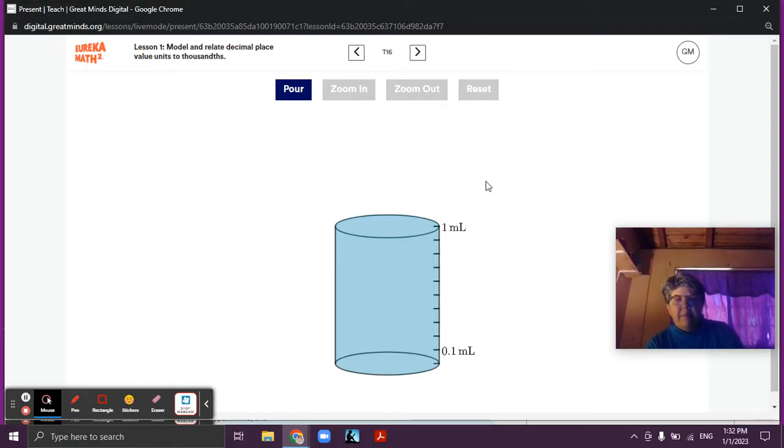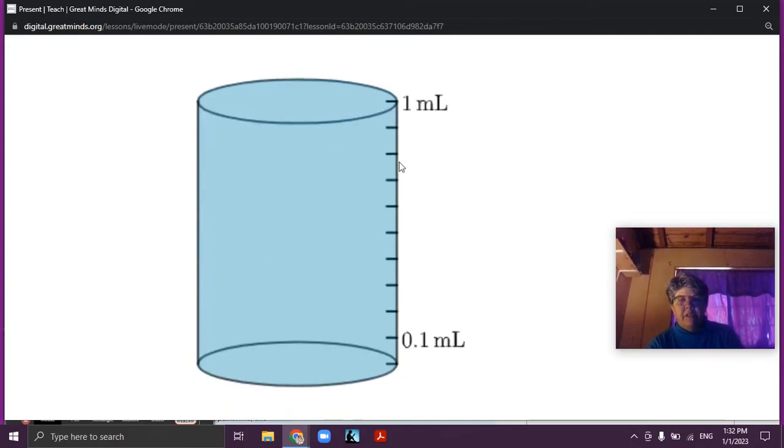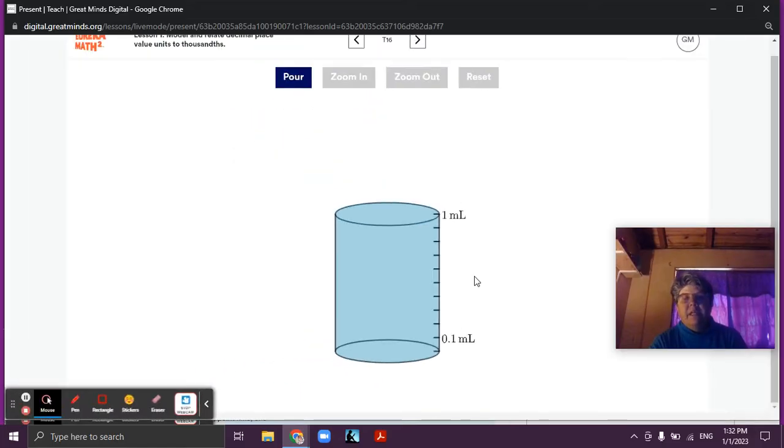Let me make that bigger for you, and you can count how many parts it is broken into. Do you see that there's 10 parts? Okay, so that makes sense, right? That 1/10 is 1 of 10 parts, 1/10.